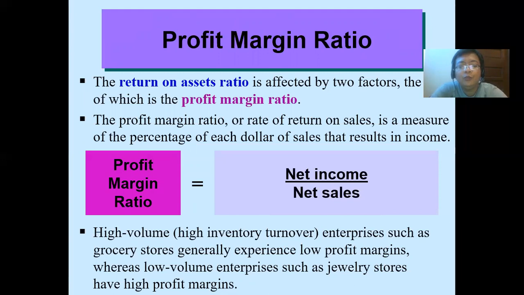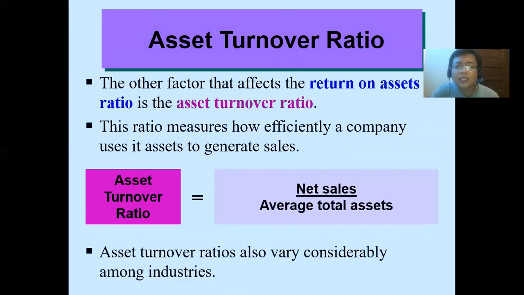Whereas low volume enterprises such as jewelry stores will have high profit margins because of the higher amount involved in the jewelry. So you have also asset turnover ratio: how efficiently a company uses its assets to generate sales.